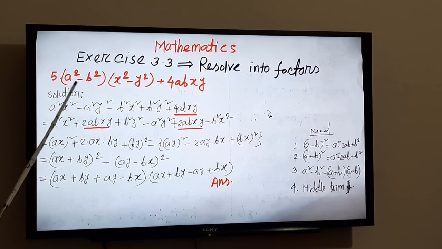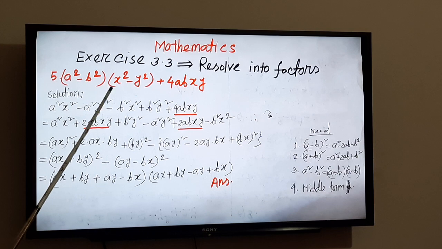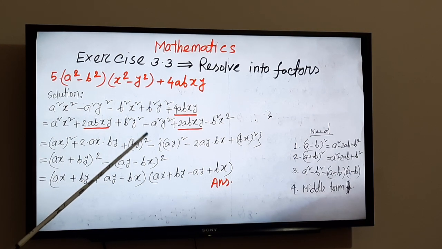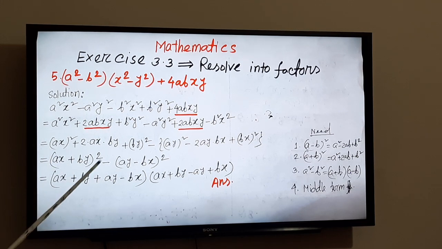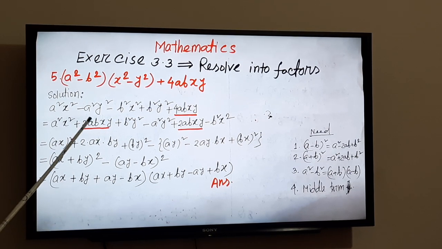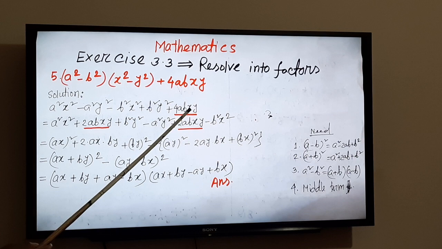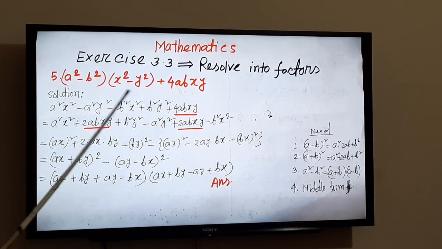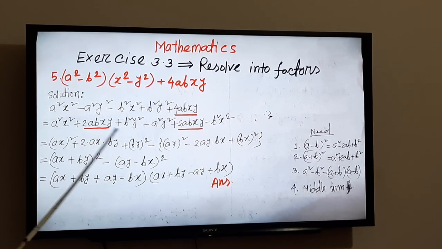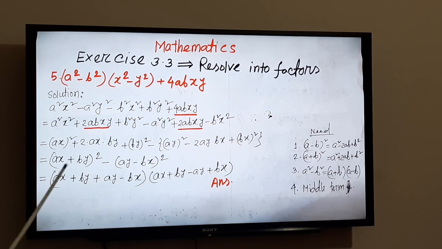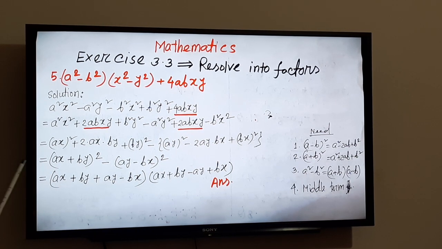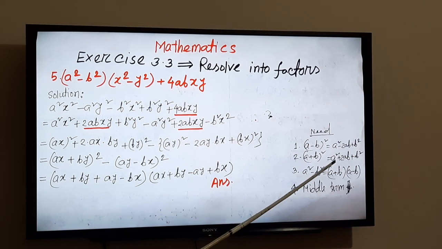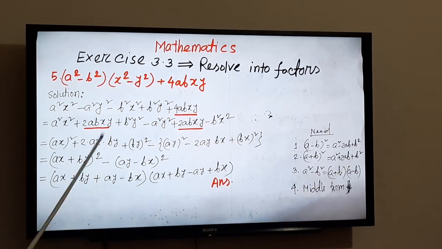Question 5: a square minus b square x square minus y square plus 4abxy. We have to resolve this expression. At first you observe 4abxy. We can write it as 2abxy plus 2abxy. Our target is to apply the formula a square plus 2ab plus b square.